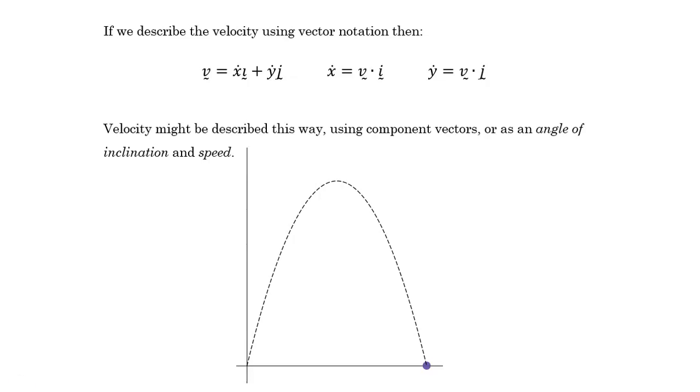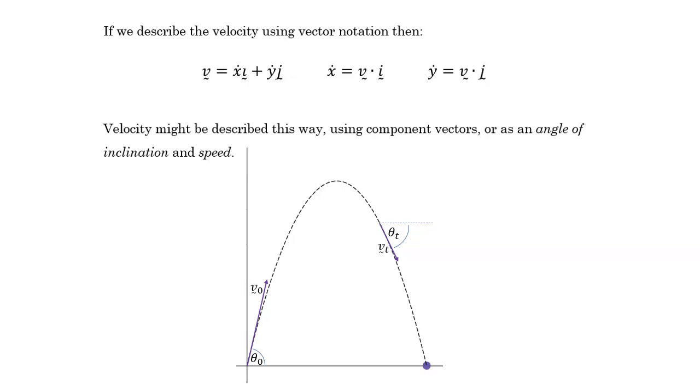But more commonly, we're going to describe the velocity with an angle of inclination. That's the angle between its direction and the horizontal. That's our angle of inclination, and a speed, which is a scalar quantity. How fast it's going and what direction it's moving in. That's how we are probably mostly going to describe the velocity at any point, particularly its initial velocity.